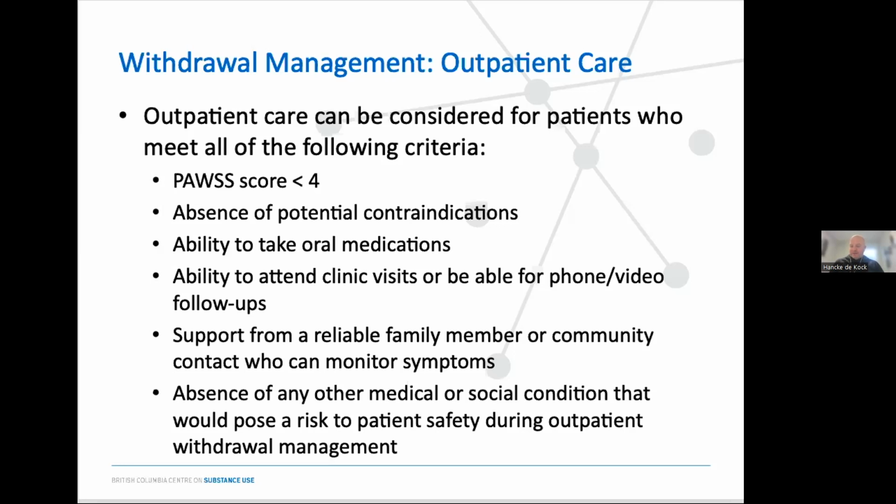You also have to have the ability to take oral medication, ability to attend daily medical visits for the first 3 to 5 days and alternate days thereafter, and support is usually quite important from either a family member or a community contact. Absence of any other medical or social condition that would pose a risk to patient safety during the withdrawal management.